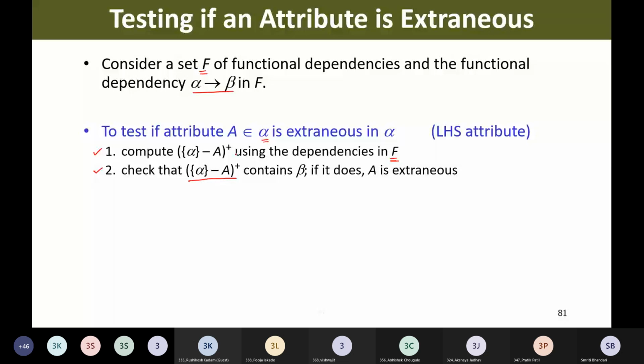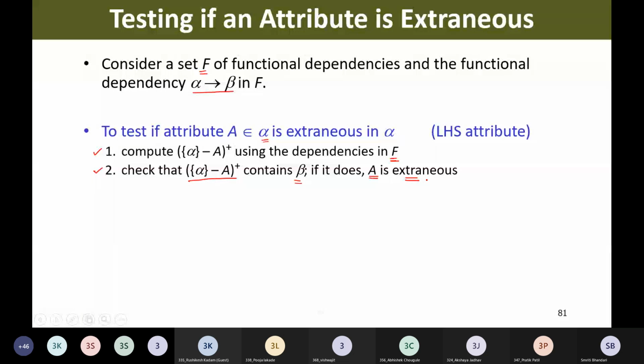Please take down these steps in your notebook. We are going to solve the problem based on this. To test if attribute A that belongs to the left hand side of the functional dependency alpha to beta is extra, we are going to follow two steps.